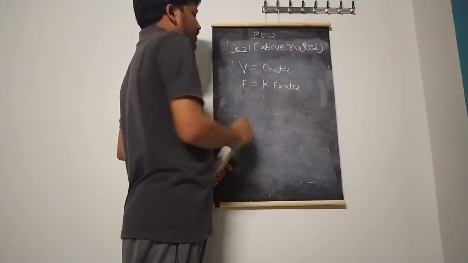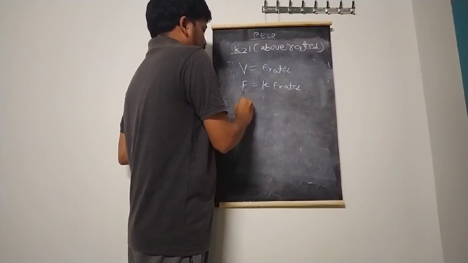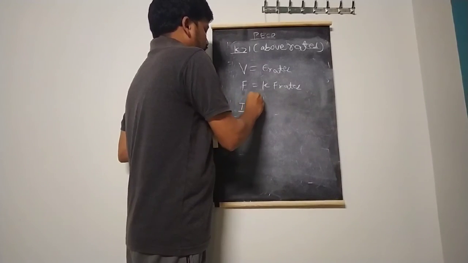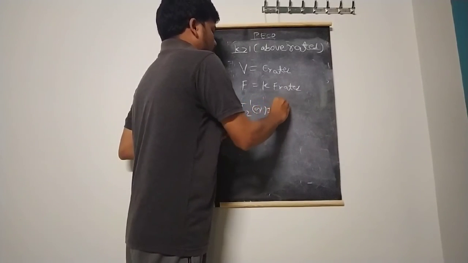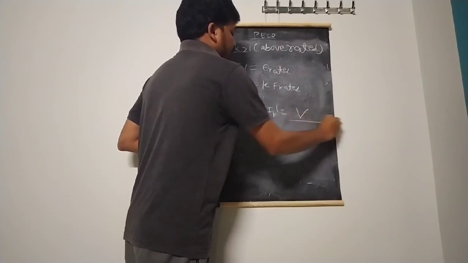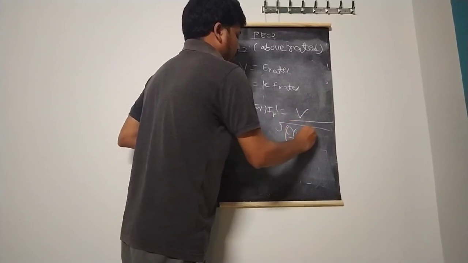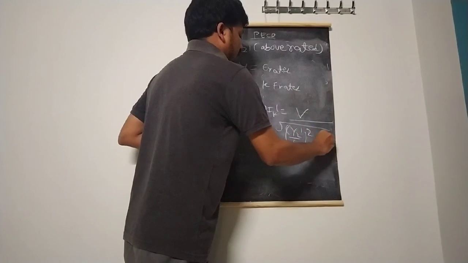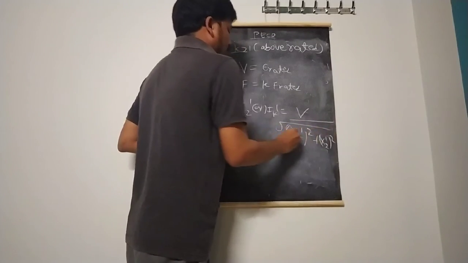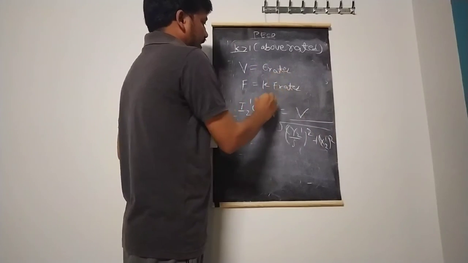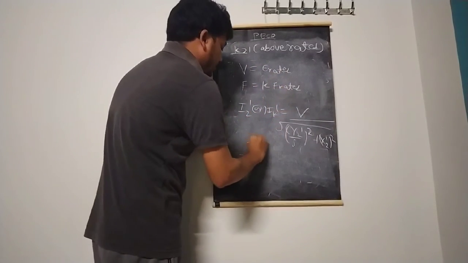Substitute these V and F in the same way as the previous case, like I2 dash or IR dash is equal to voltage by square root of (R2 dash by S) whole square plus (x2 dash) whole square. Substitute V replaced with E rated and F replaced with K into F rated.